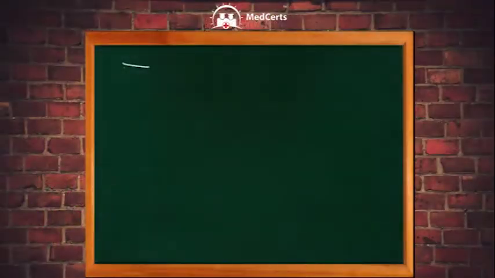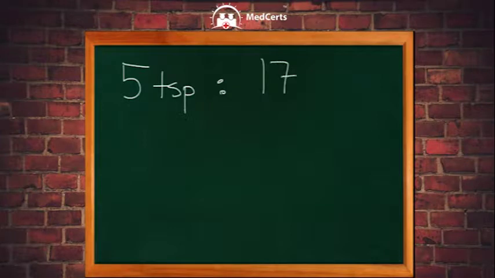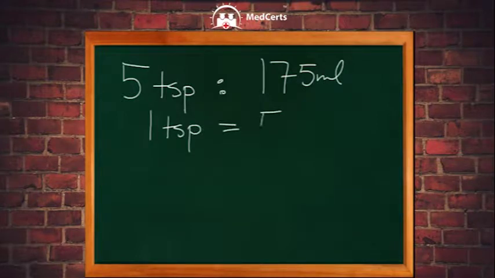So if we were to set this problem up and work it out, it's 5 teaspoons as a ratio to 175 milliliters. We first have to identify that 1 teaspoon is equal to 5 mLs. And then it instructs us that we have 5 teaspoons.